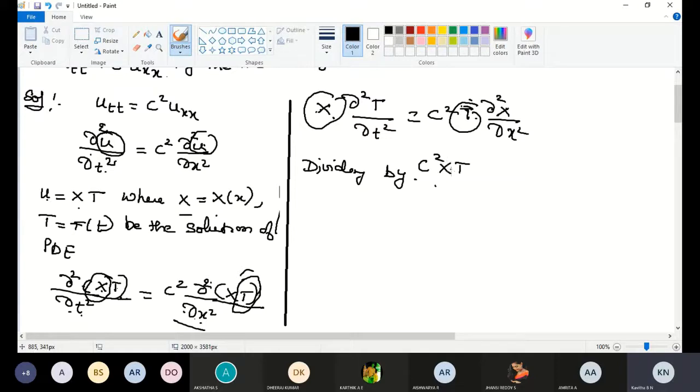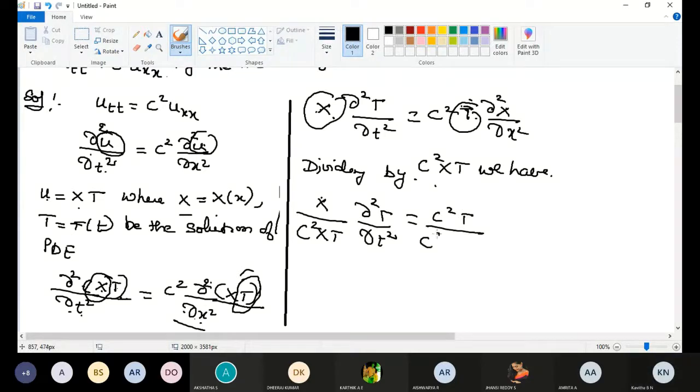Then we have X divided by c square X capital T del square T by del t square is equal to c square T by c square capital XT del square X by del x square.